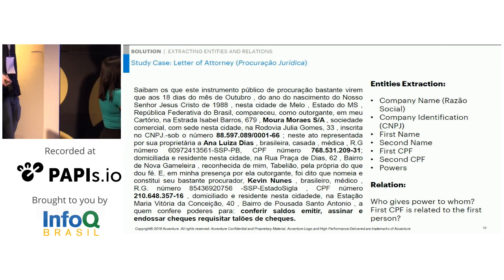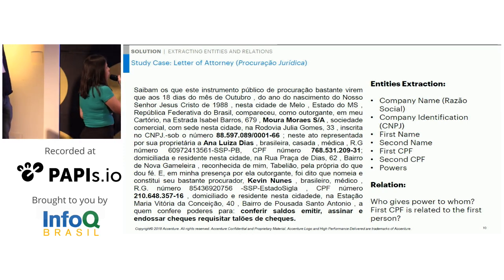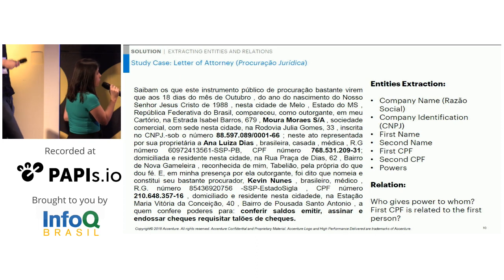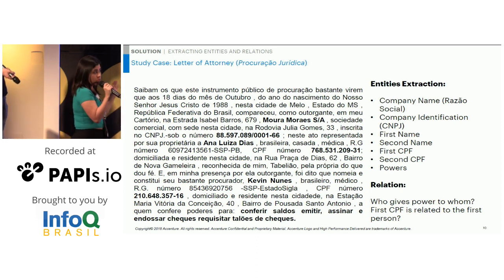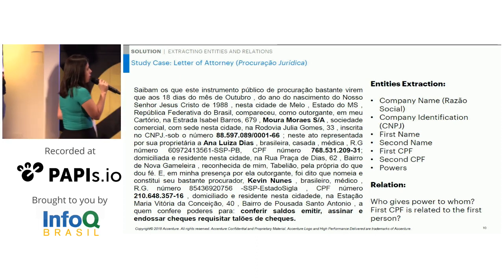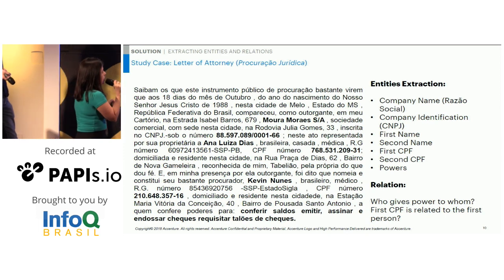We identify two names in this document, and we identify two CPFs. But at this point, we don't know exactly who is giving power to another. And if the first CPF is the first person, or the second CPF is the second person, we don't know.